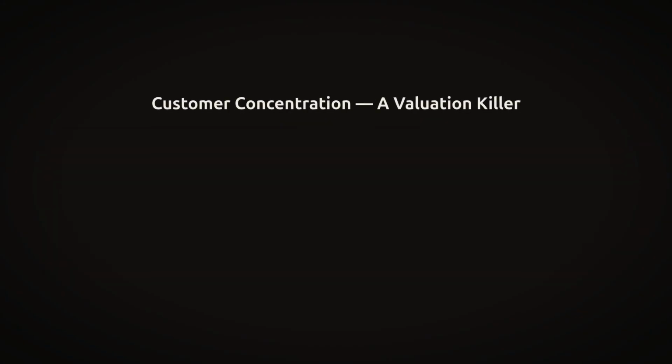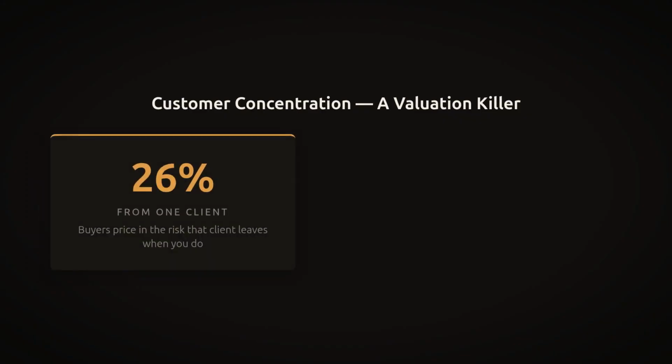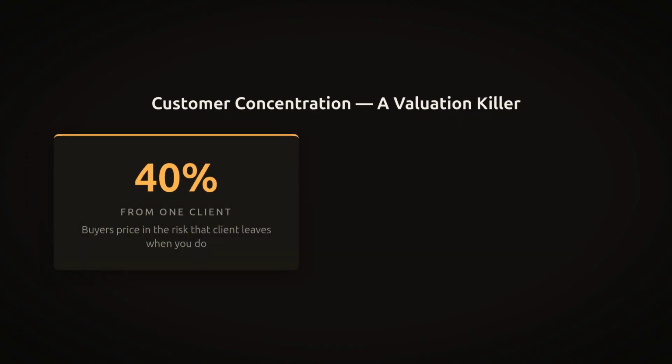Customer concentration is one of the most common valuation killers. If your top client generates 40% of your revenue, a buyer prices in the probability that client leaves when you do. Even if the client relationship seems secure, buyers apply a concentration discount.